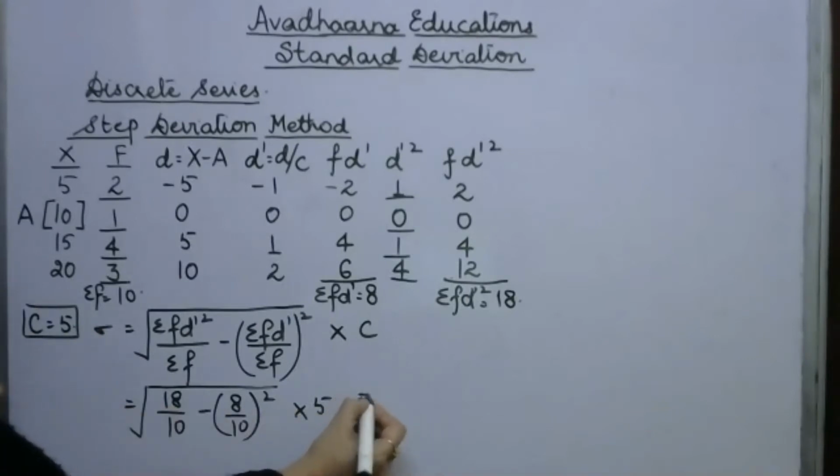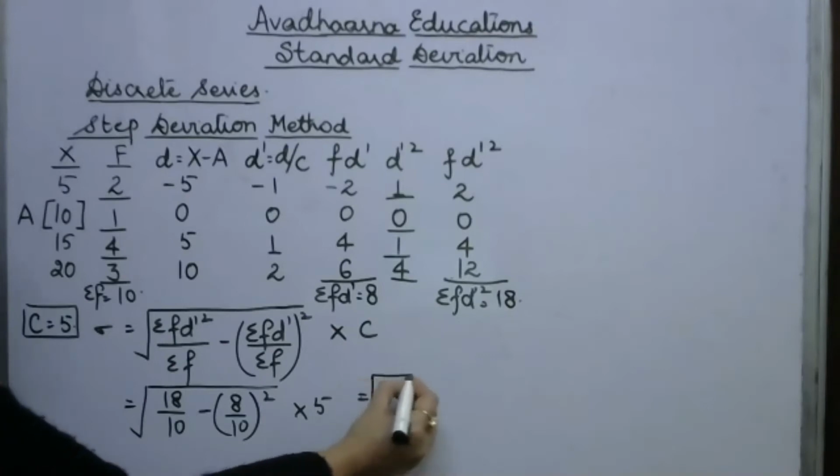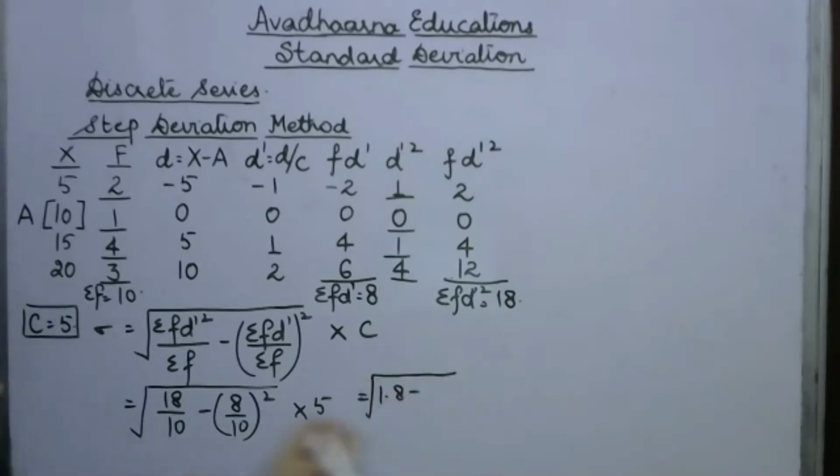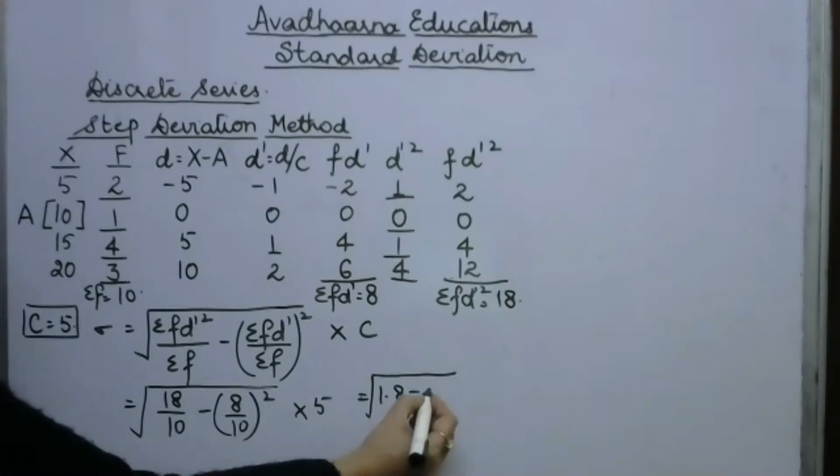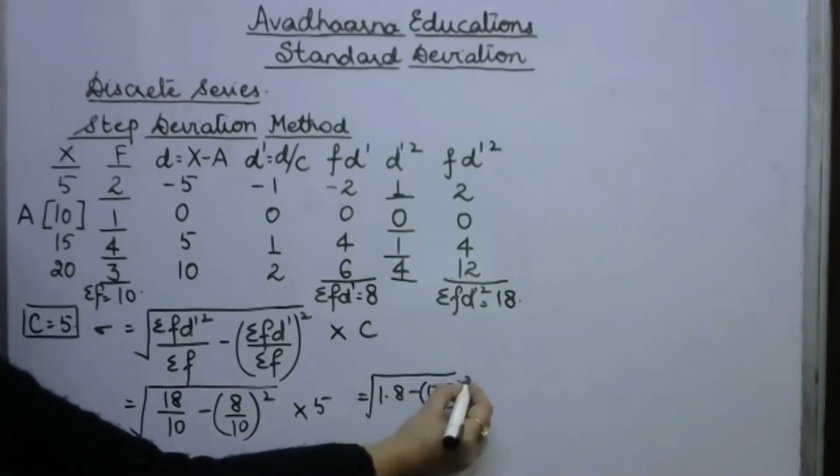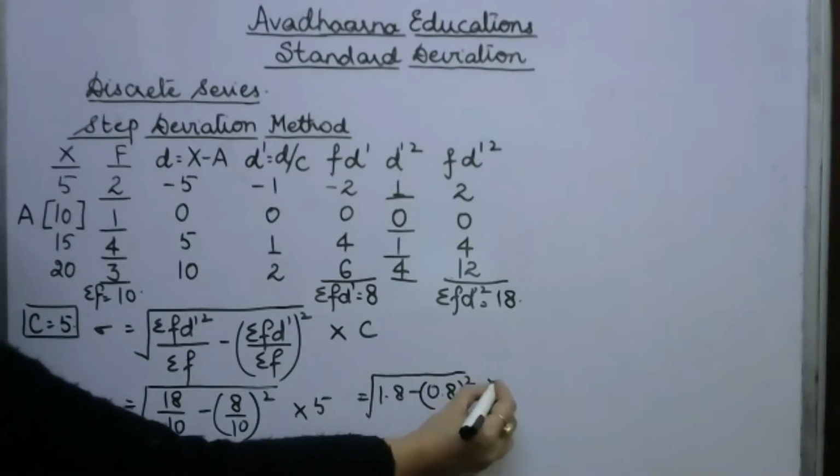Now let's calculate. See, 18 divided by 10 is 1.8. So under root of 1.8 minus 8 divided by 10, which is 0.8, 0.8 whole square, into 5.